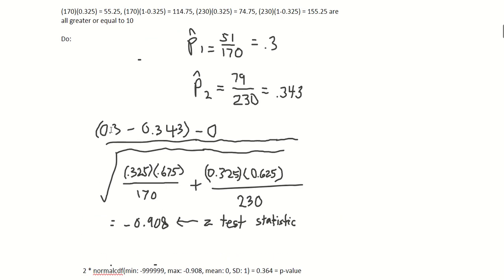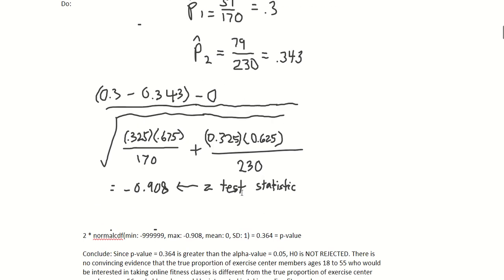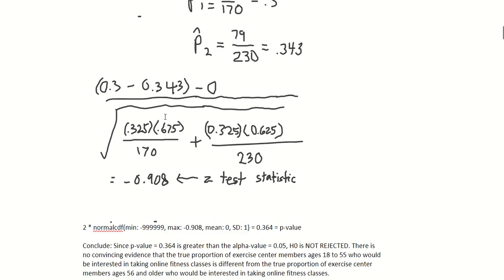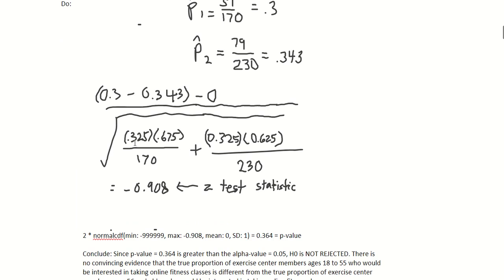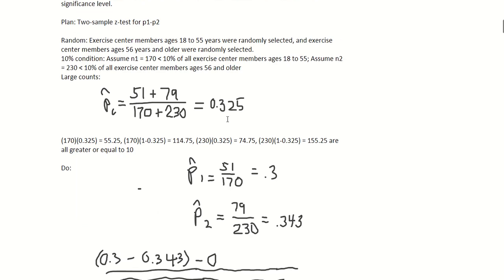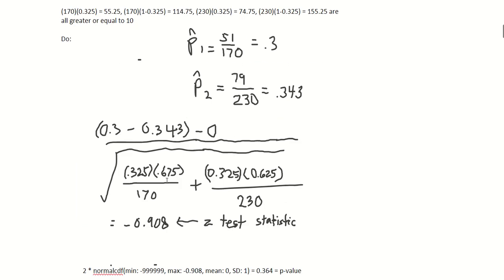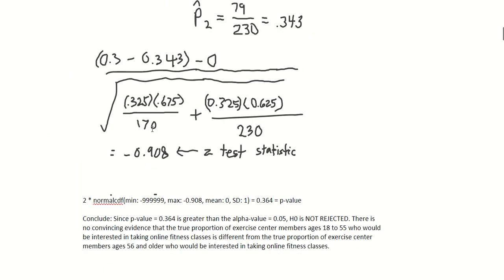Plugged in these values up here into this equation to calculate the z-test statistic, and you can see that I used the value 0.325 that we calculated here, and 1 minus 0.325. And then at the bottom here, 170 is N1 and 230 is N2. Ultimately, this should give us negative 0.908.